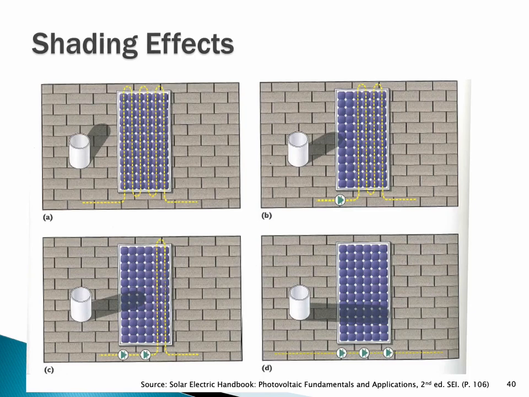Here we have a module up on a rooftop. Here we have on the left a white plumbing vent. That's to vent your toilets and sinks so that the water will go down into the sewer. When there's full sun on the module, we have full electrical production on each cell that is connected together in series.